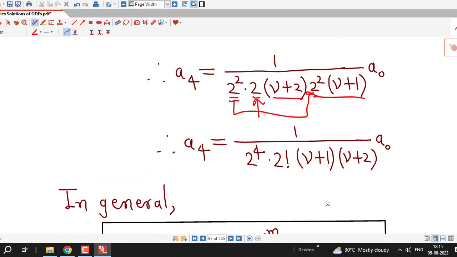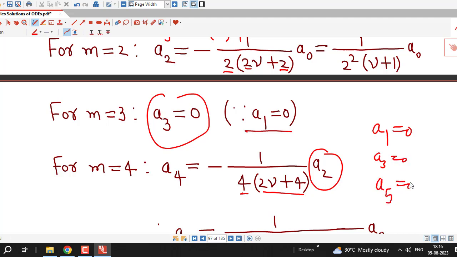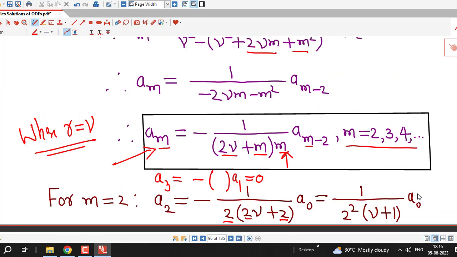So in general we can see here odd coefficients are 0 because a1 is 0, a3 is 0, and if a3 is 0, we can see that a5 will be 0. If I take m equal to 5 here, I will have a5 in terms of a3, that is a5 minus 2, and if a3 is 0, a5 is 0. So in general am equal to 0 if m is an odd integer.